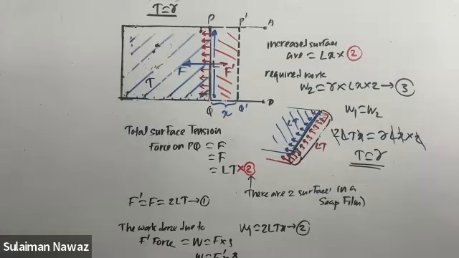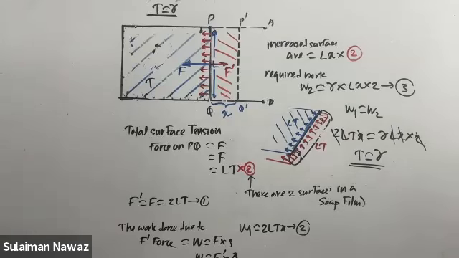As I sent. Question number one. Start doing question number one quickly. A liquid film of surface tension capital T, 7 into 10 to the power minus 2, forms between two parallel wires of length 10 centimeter, placed at a distance 0.5 centimeter from each other.